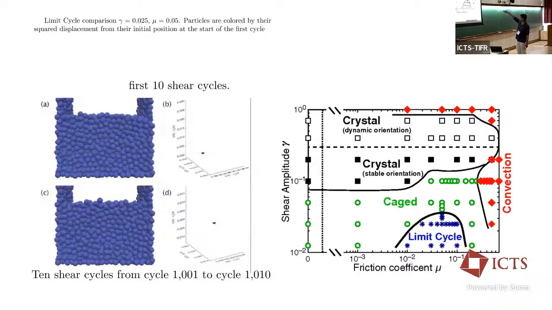From cage, you go into a crystal. If you are at mu and you increase the shear amplitude, they found that from cage you go to a crystal. If you go down, you go to a limit cycle. But if you move the other way, it's the friction coefficient and you cross the boundary between caged and convection. Right, between caged and convection. So what is the question? What happens there?